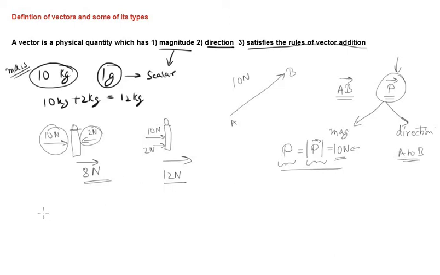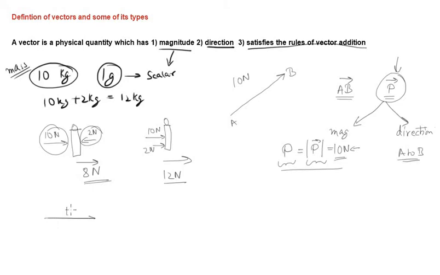Now I'm going to tell you a very interesting aspect of vectors. There are some exceptions to the rule, like some of the quantities have direction but they do not come under the category of vectors. For example, let's say current.